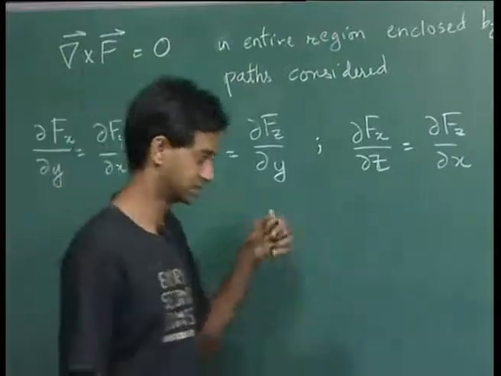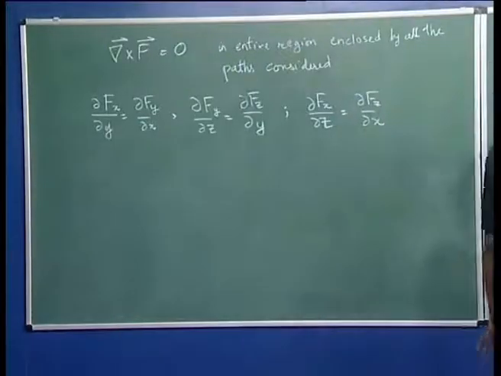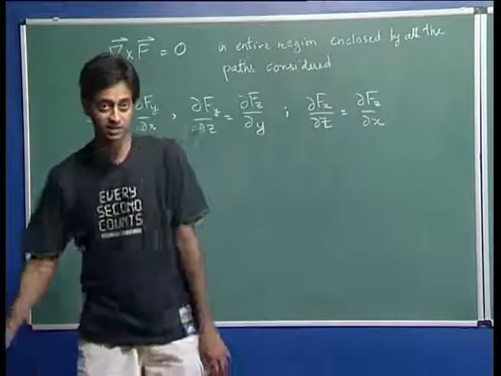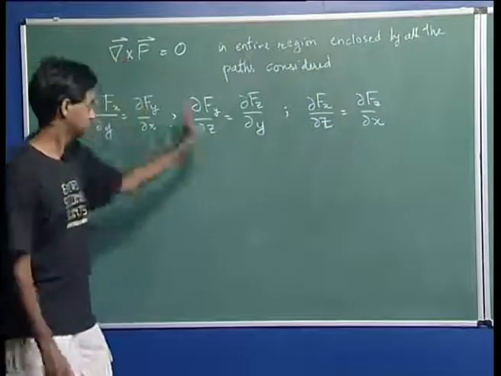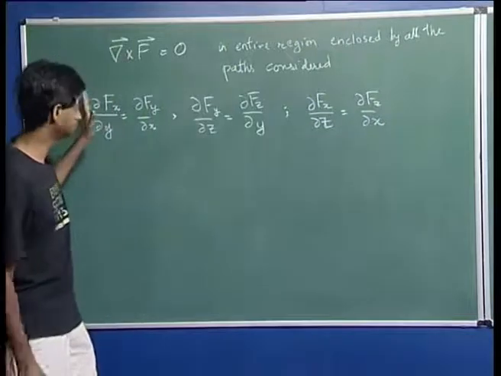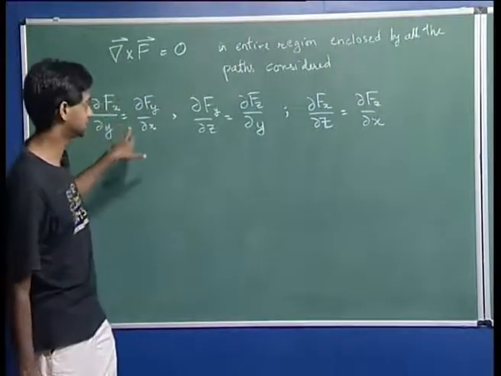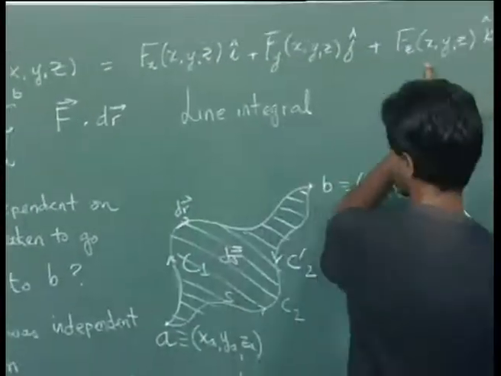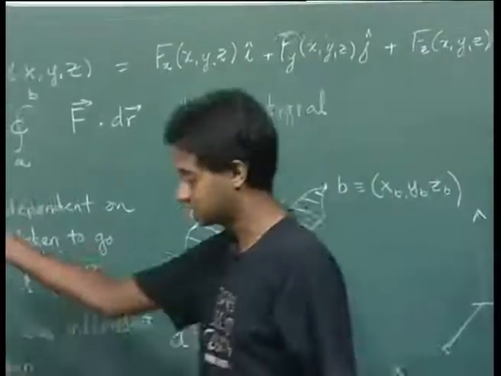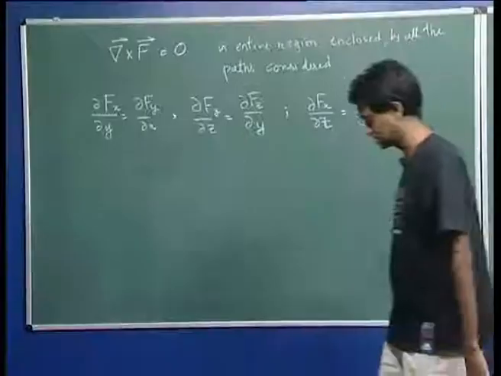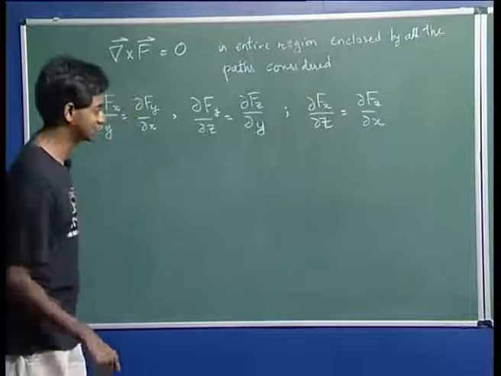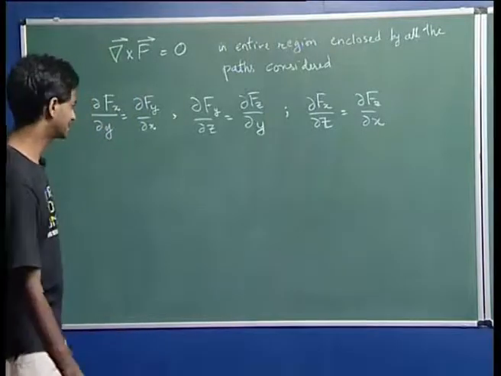Therefore, you have these identities. So the fact that your work done is path independent implies that the force field has to satisfy these conditions. If you take any arbitrary force field, then it need not satisfy this condition, but if it does satisfy this condition, then it is indeed path independent. So the work done will be independent of path. So let's take an example.